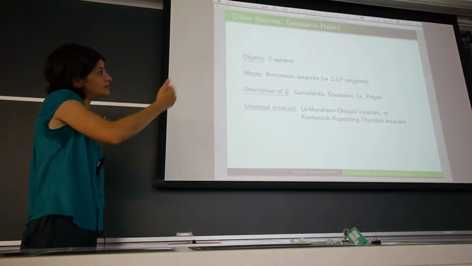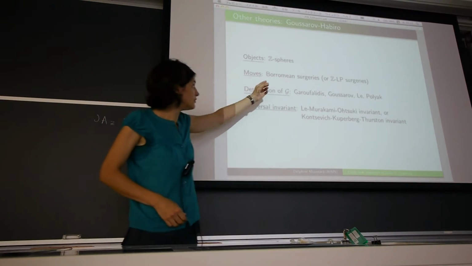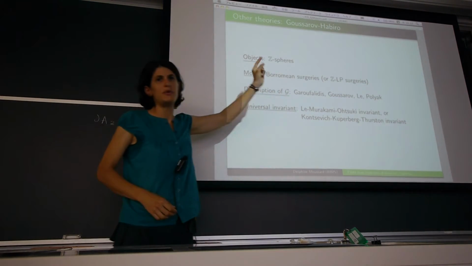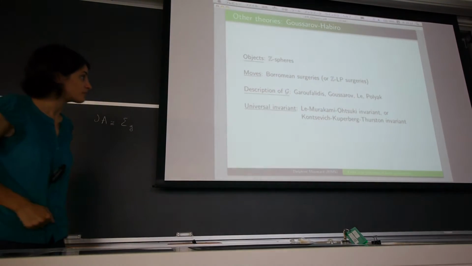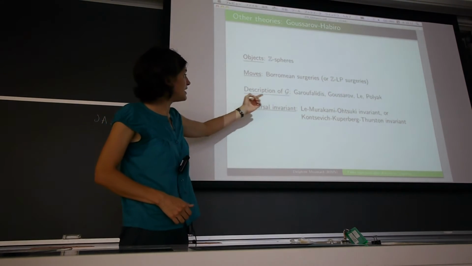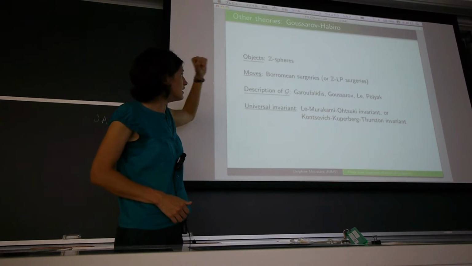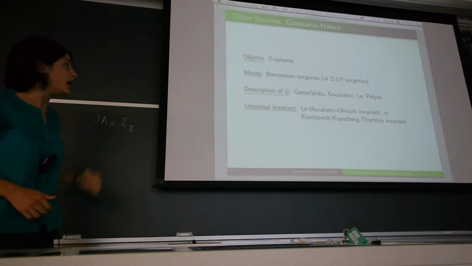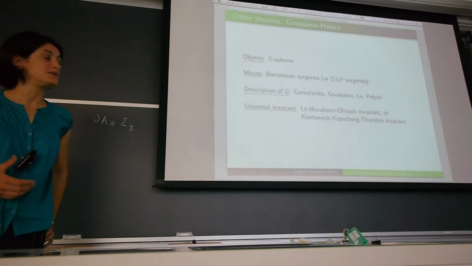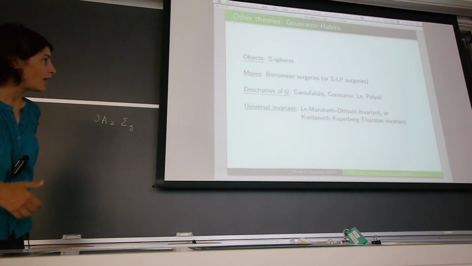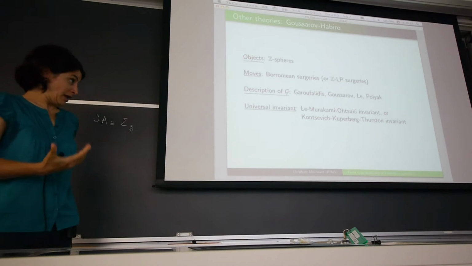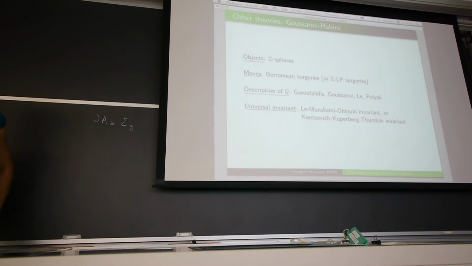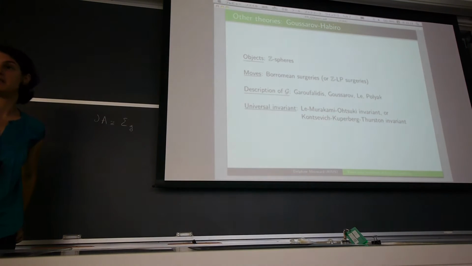So the move used in this theory is called Borromean surgery. I will recall in a few minutes what Borromean surgery is. And the graded space in this case for integral homology spheres has been described by Garoufalidis, Moussard, and Polyak, using as a universal invariant the Le-Murakami-Ohtsuki invariant defined by quantum methods from the Kontsevich integral of links.